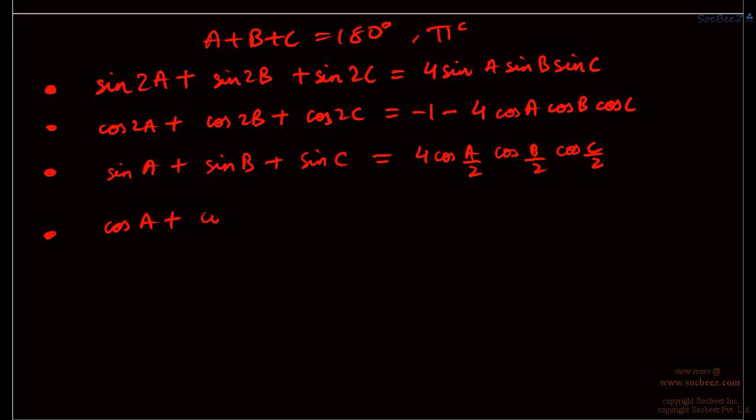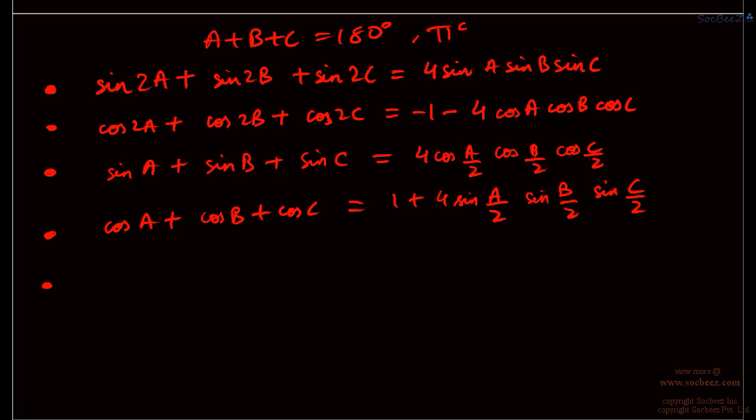Similarly, cos A plus cos B plus cos C is 1 plus 4 sin A by 2 sin B by 2 sin C by 2.